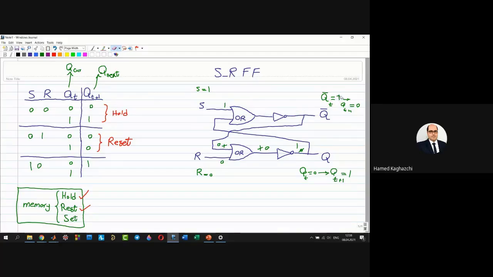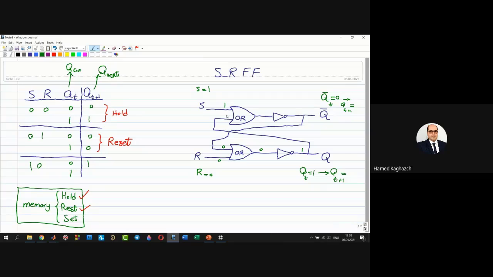Now, as the last value, suppose that Qt is 1, Qt bar is 0, here is 0, 0, 0, 0, 0, not 1.